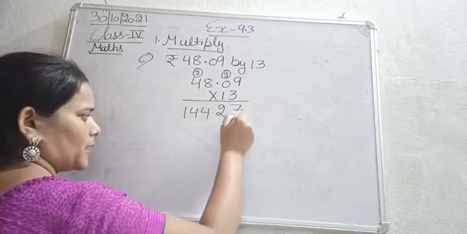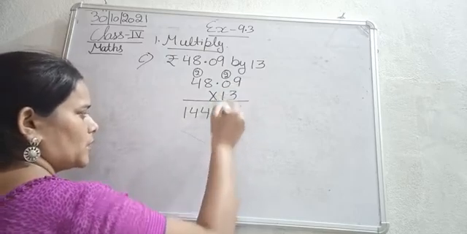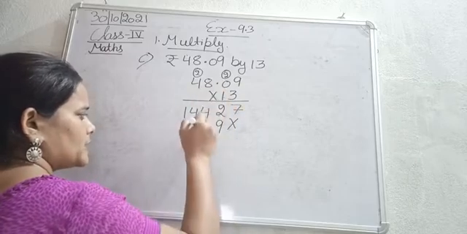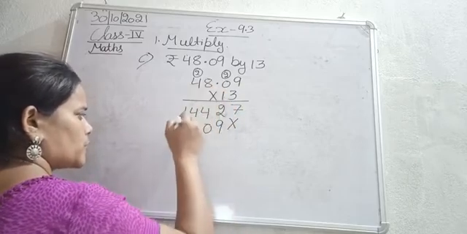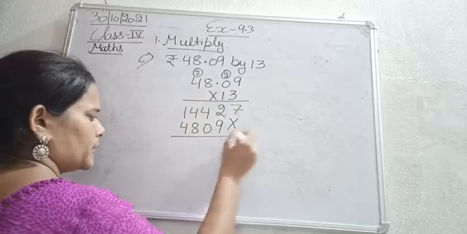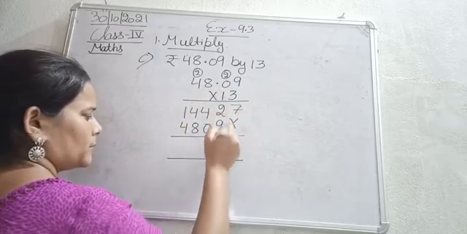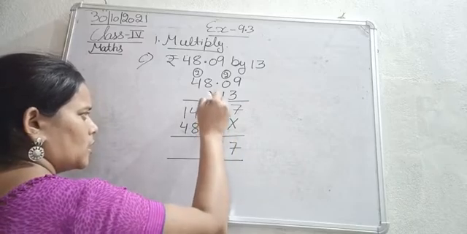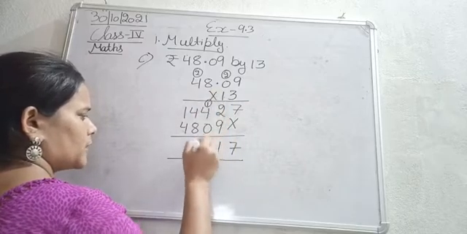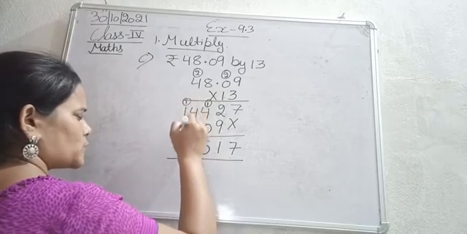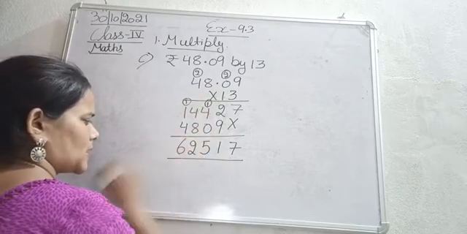Okay, now cross multiply. 1 9s are 9, 1 zeros are 0, 1 8s are 8, 1 4s are 4. Now simply add them. This is 7, 9 plus 2 is 11, 4 plus 1 is 5, 8 plus 4 is 12, 4 plus 1 is 5, plus 1, this is 6.